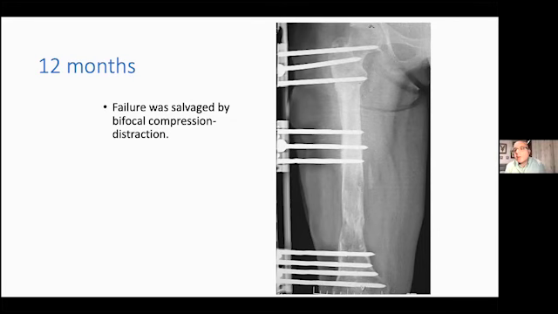I'm asking about cultures because we all know, Dr. Mu'taz, that when we use distraction osteogenesis in managing bone defects, we as surgeons in our unit don't care much about having cultures or giving antibiotics according to the recommended protocol. And we never had problems.